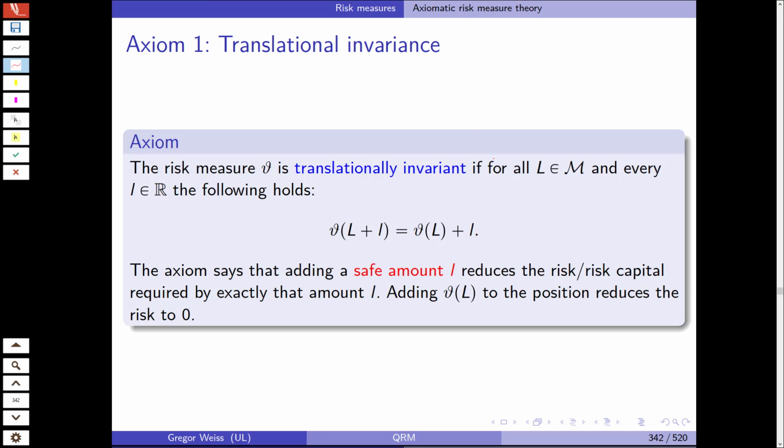If we add any amount of cash to a risk L, it means that it is simply nu of L plus the amount of cash. It means that if we add a safe amount of cash l, it reduces the required risk capital from this position exactly by l.